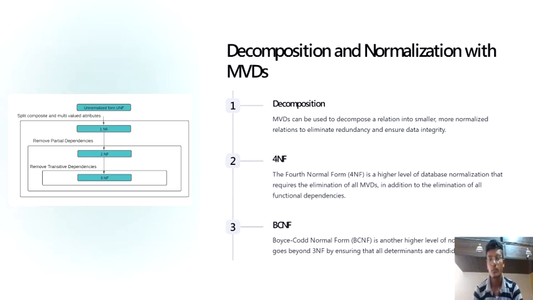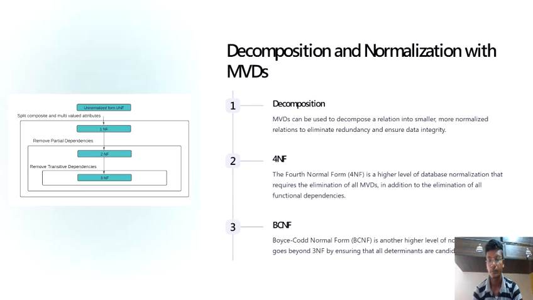Decomposition and normalization with MVDs. Decomposition: MVDs can be used to decompose a relation into smaller, more normalized relations to eliminate redundancy and ensure data integrity. Next one is 4NF.